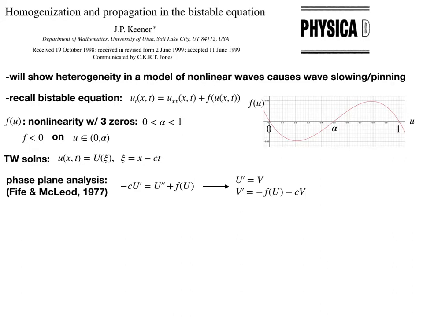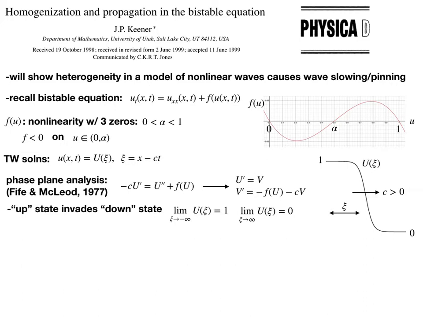If you plug that assumption into the PDE, you end up with just a second order nonlinear differential equation, which you can convert to a phase plane equation, and then apply some shooting methods in order to find effectively that solutions are going to have a form like this, where u as a function of psi is going to be some monotone decreasing function that connects an unstable fixed point in the phase plane to another unstable fixed point in the phase plane.